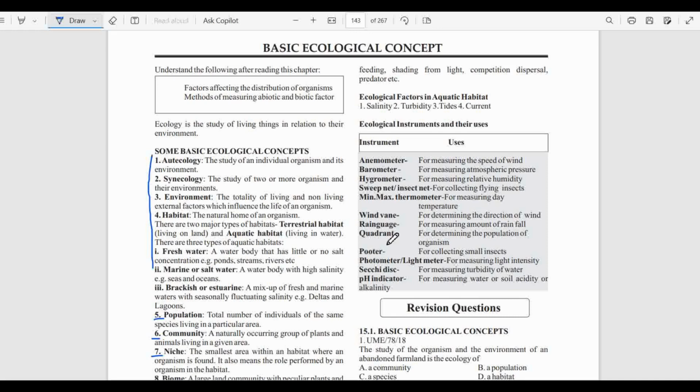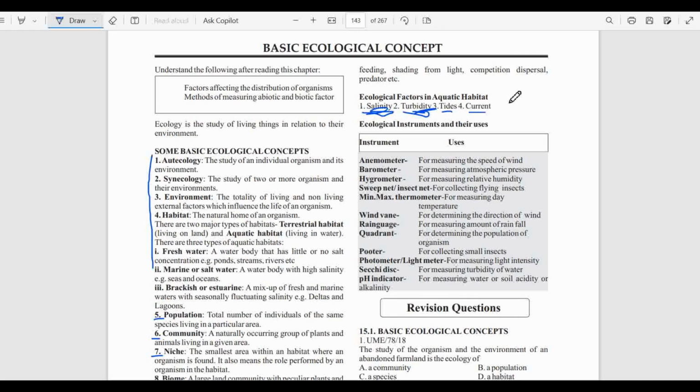As a matter of fact, the interaction of this living and the non-living component is what gives the concept of ecosystem. So, ecological factors in different habitats, like in aquatic habitats, the prevailing factors will be the salt content, that's salinity, then also the visibility of the water or the clarity of the water, that's turbidity. You talk about tide and you talk about current. Of course, these are unique only to the aquatic habitat.